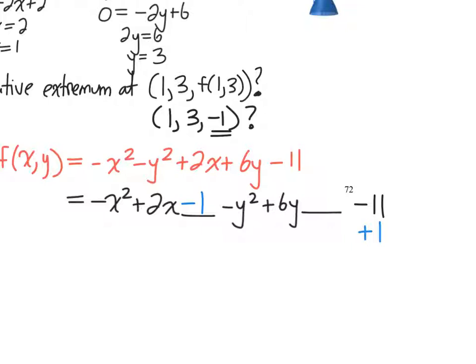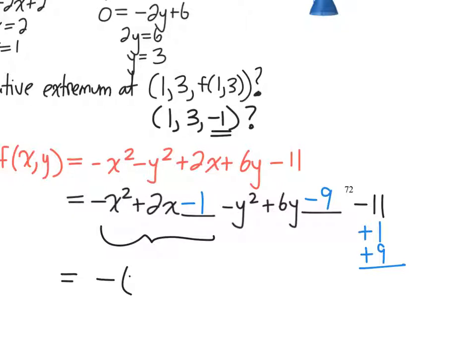Same idea here. I have to subtract a 9 because the b value cut in half becomes 3. Squared is 9. Divided by the leading coefficient is -9. But then I have to correct for that. All right, so I have a GCF over here.